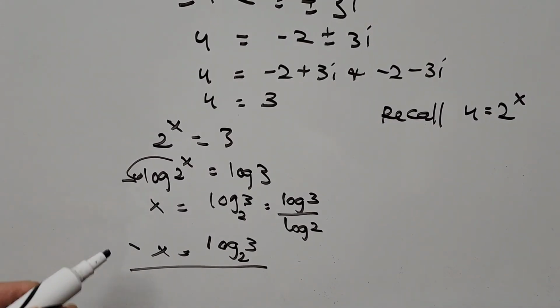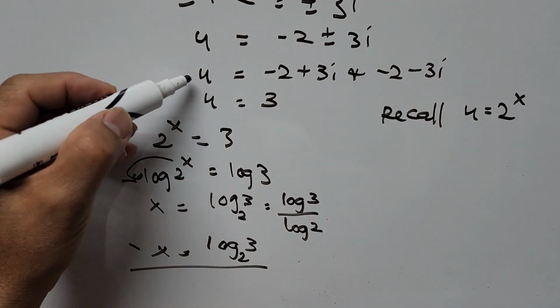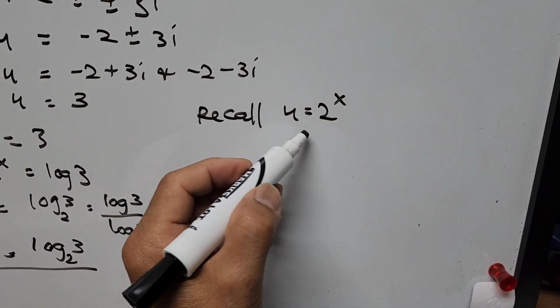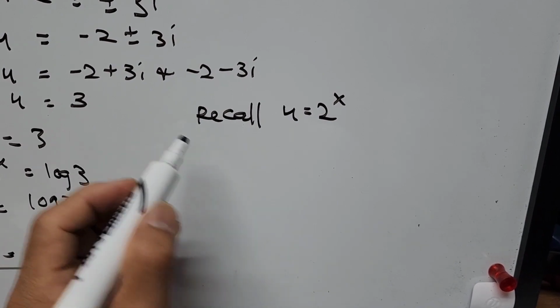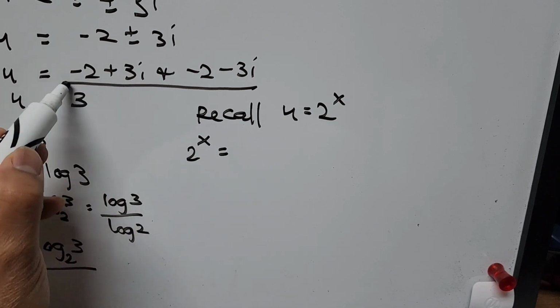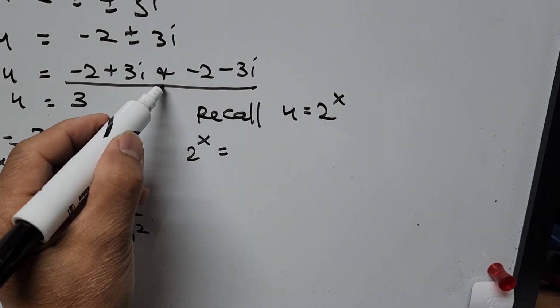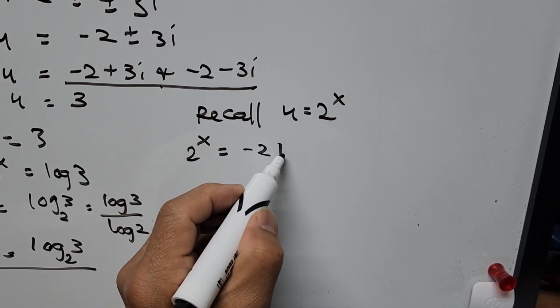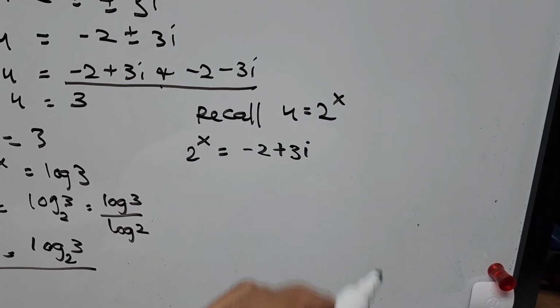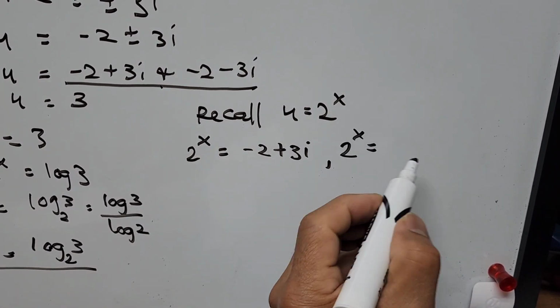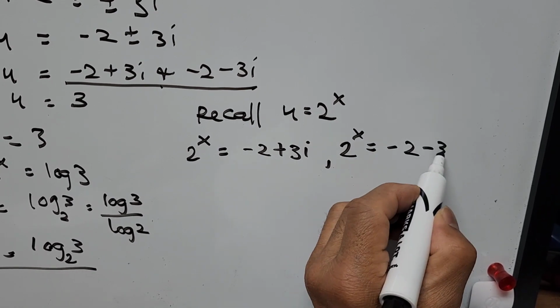Here the value of x is the real value of x, and the other solutions are complex, that is, in terms of imaginary numbers. Recall again that the value of u is 2 to the power of x. So here 2 to the power of x is equal to the complex values of u. Substituting, we have negative 2 plus 3 times i, and the other value, 2 to the power of x, is equal to negative 2 minus 3 times i.